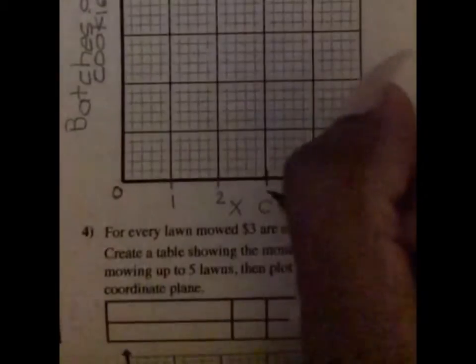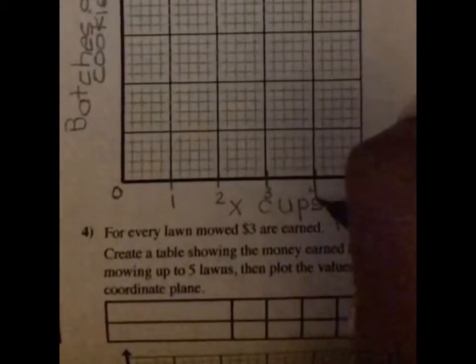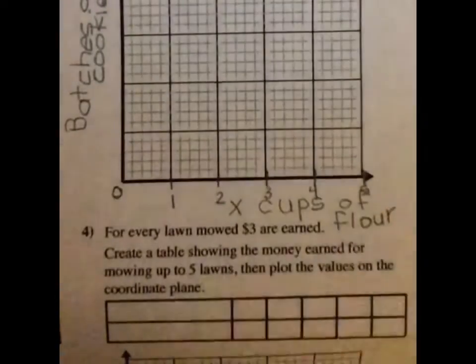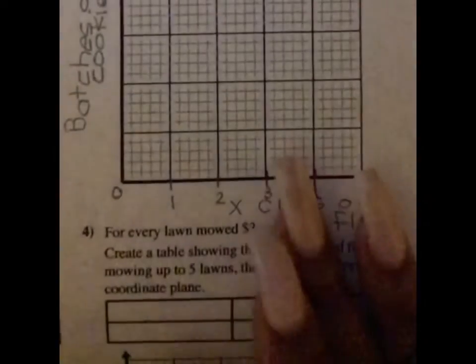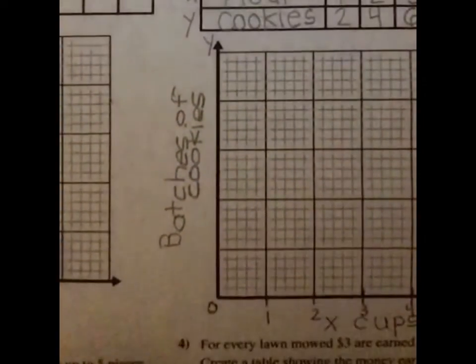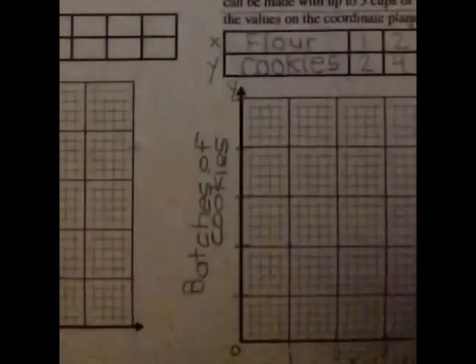So our graph is going to be numbered 1, 2, 3, 4, 5, all representing the amount of cups of flour we will use. And then we're going to scoot it over and do the same for batches of cookies. So we'll do 2, 4, 6, 8, and 10 at the very top.